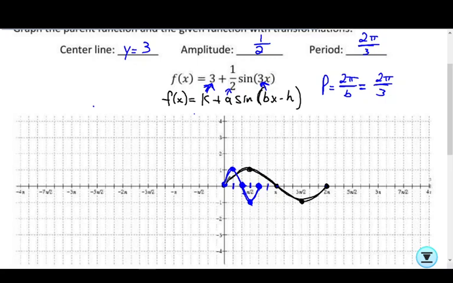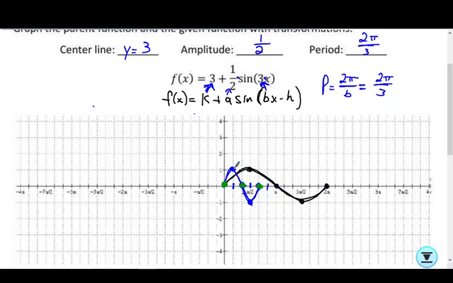Next, let's do our change in amplitude. So order of operations, all the multiplications. See how this 3, it's 3 times x, and this is 1/2 times sine. Just like order of operations, I'm going to do both of my multiplications first before I do my additions. So the second part is now I have to change my amplitude, which means my zeros stay the same, but now my maximums and minimums have been vertically compressed by a factor of 2.